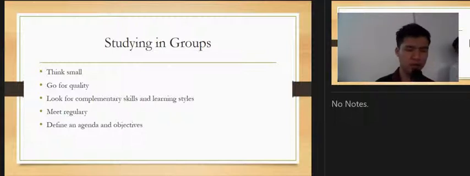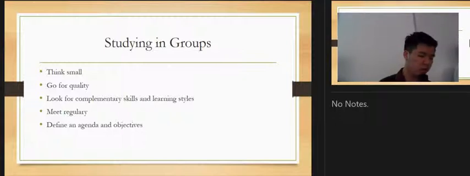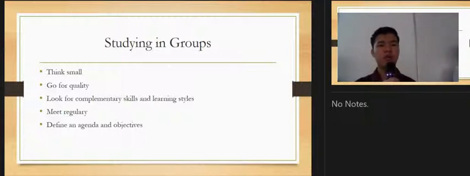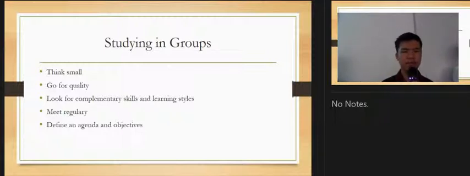Look for students who are doing well in the course, who ask questions and who participate in the lesson well. And don't make friendship the primary consideration for who should be in your group. Look for complementary skills and learning styles.